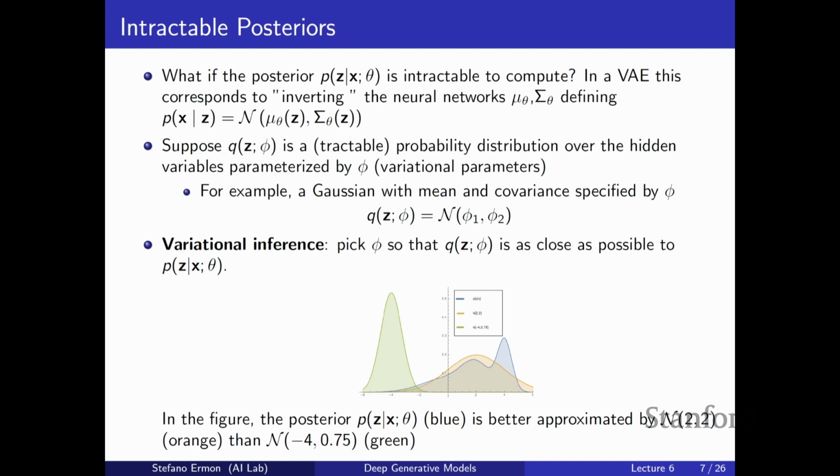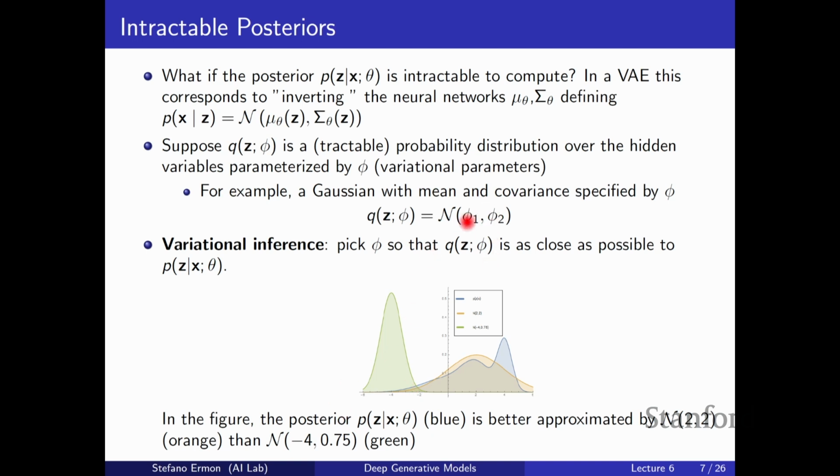It's not quite the true posterior distribution, but it's pretty close. So if we are able to come up with this variational approximation, with this simple distribution that is roughly close to what we want, that might be good enough for learning. That's the idea behind variational inference.